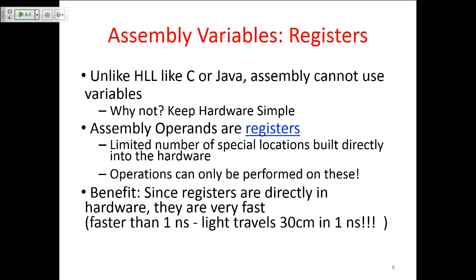Okay? And the benefit here really is that, if we have registers directly to, let's say, the arithmetic logic unit, which is the thing that crunches the numbers inside, we can get data to that unit very quickly. When I take this laser pointer, put it on the wall, that distance is 30, 40 clock cycles on the processor, just for this light to go from here and hit the wall.